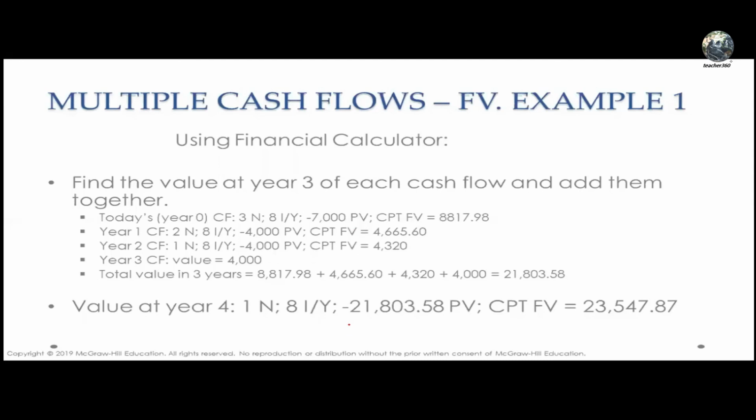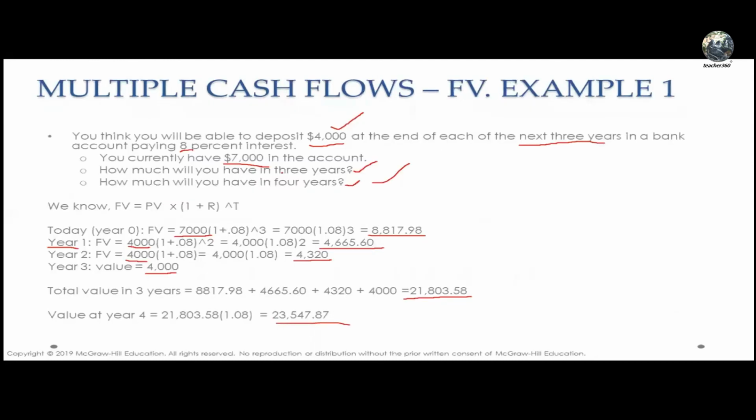You can also calculate this type of problem through a financial calculator. At first, you have to find the value of each cash flow, and then add them together. At year 0, first find the future value for 3 years as per this question.